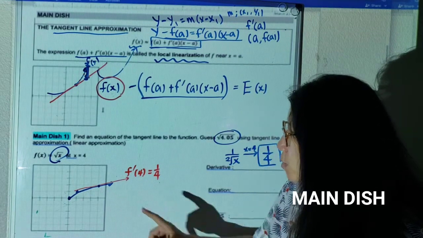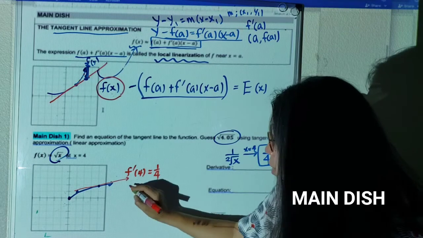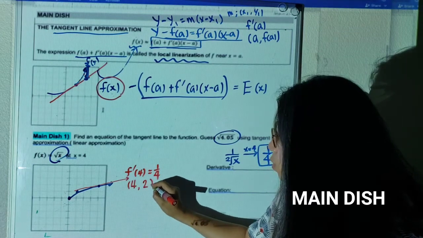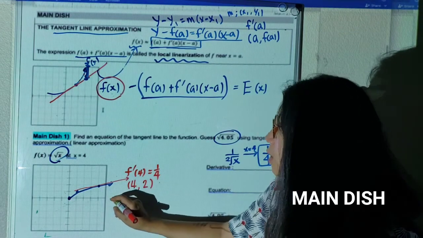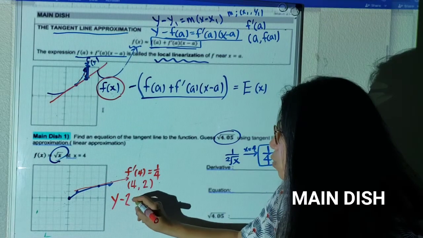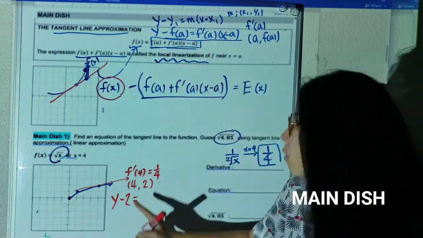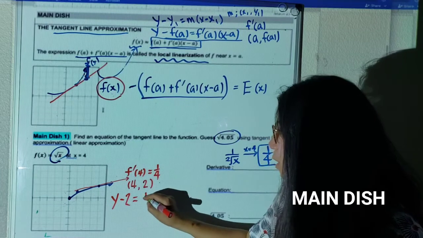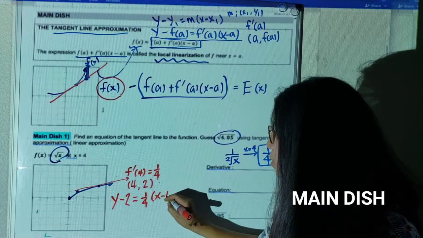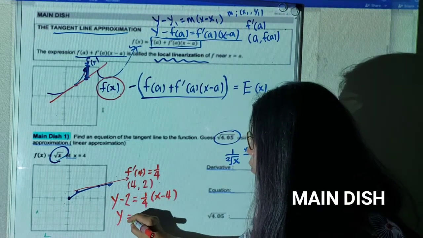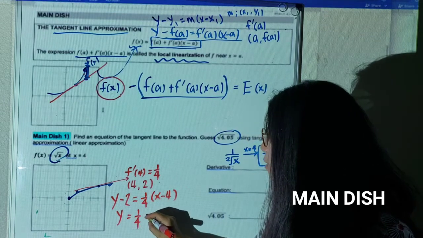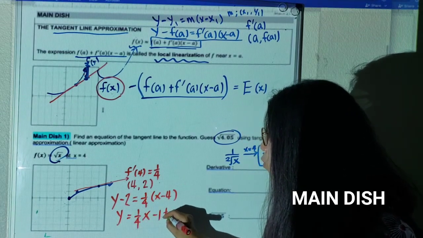And then what is the point passing through? Which is (4, 2). So let's plug into our equation. y minus 2 equals, so exactly you can plug in here, but for me, it's the same thing. So I just plug in my point-slope form: y minus 2 equals 1/4 times x minus 4, so I get y equals 1/4 x minus 1 plus 2.